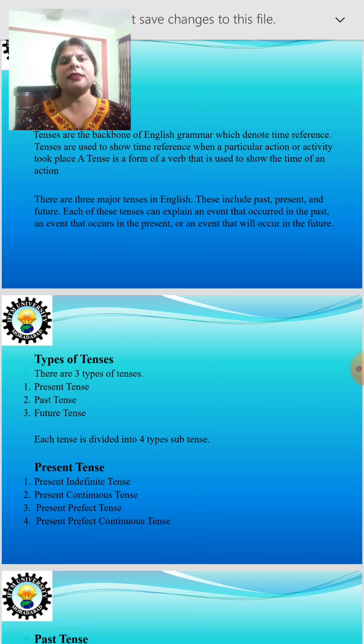And each tense is divided into four subtypes. Present tense has four types: present indefinite tense, present continuous tense, present perfect tense, and present perfect continuous tense.